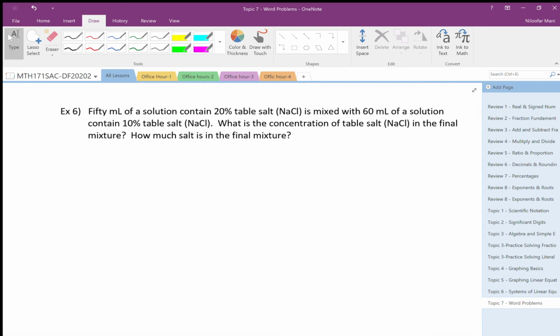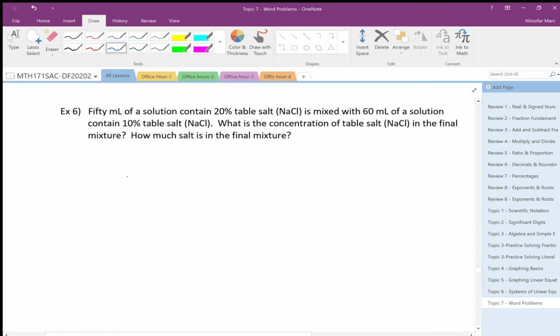50 milliliter of a solution containing 20% table salt, NaCl, is mixed with 60 milliliter of a solution containing 10%. Regardless of the percentage, when I mix 50 milliliter with 60 milliliter, I have 110 milliliter. What is the final concentration? Easy.